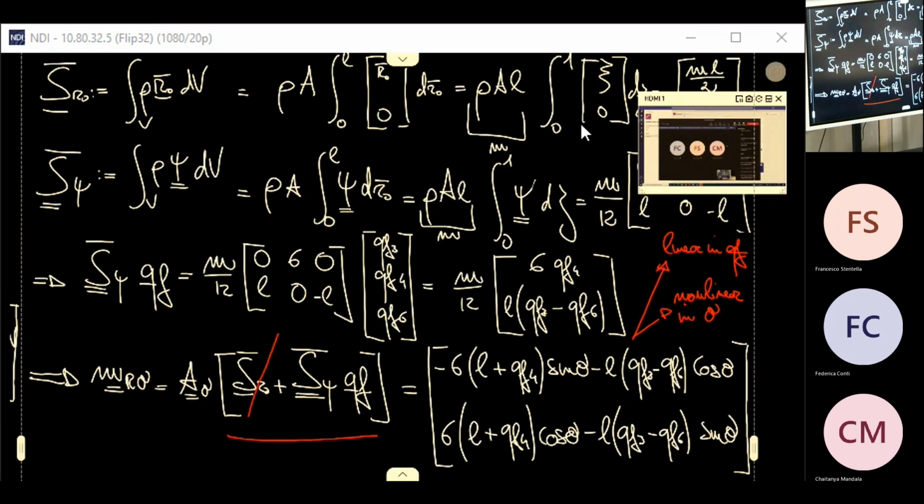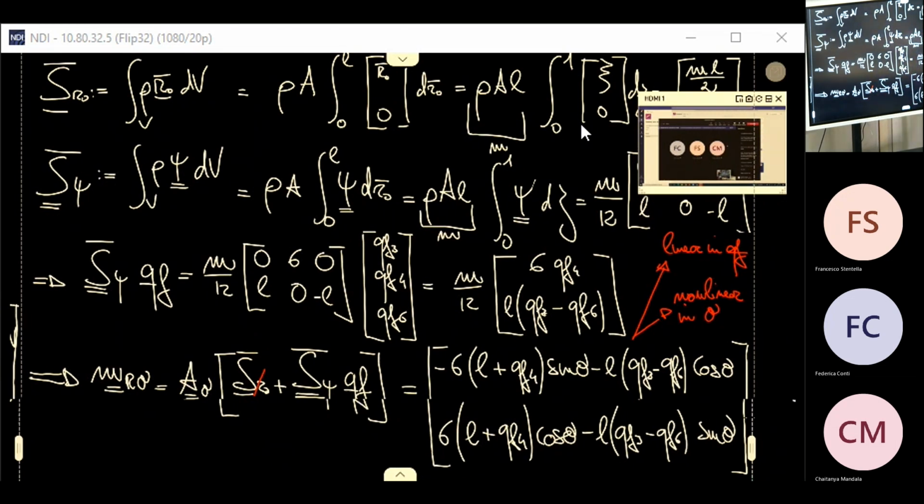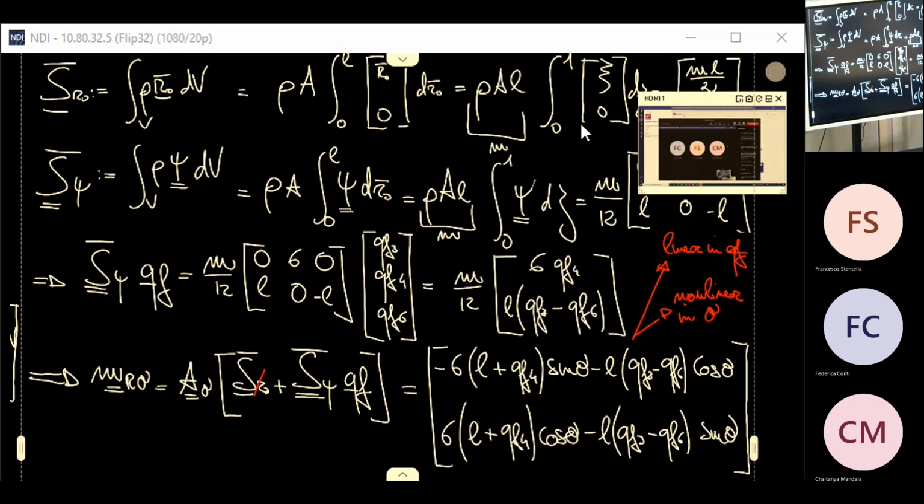Okay, and of course, if the body was not elastic, also the second term will vanish. And as we have already seen for the case of rigid bodies, this term would vanish every time that you choose the center of mass as origin of the local frame. Okay, but if this is not the case, you have a non-zero matrix.